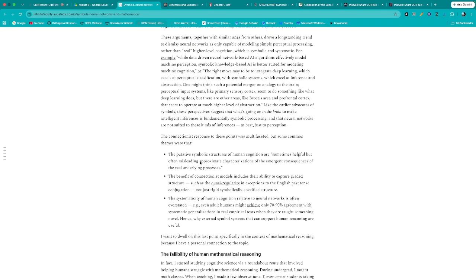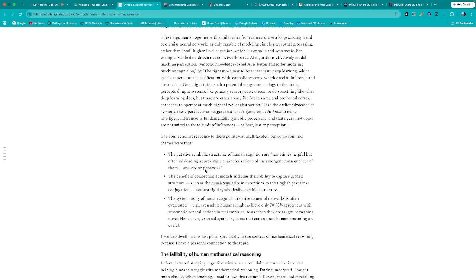So, of course, there was a connectionist response to Fodor and Pylyshyn, basically refuting that argument. A couple of points there. The first one is that the putative symbolic structures of human cognition are sometimes helpful, but often misleading approximate characterizations of the emergent consequences of the real underlying processes.